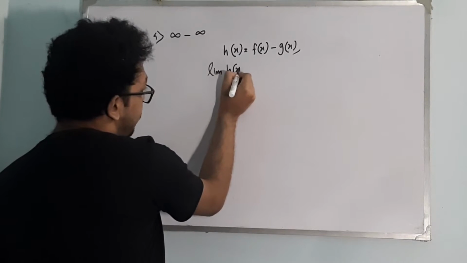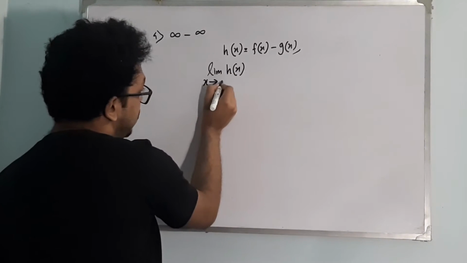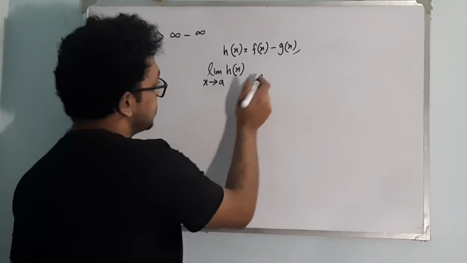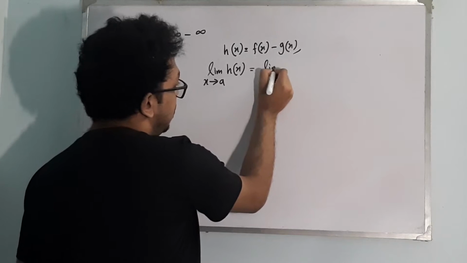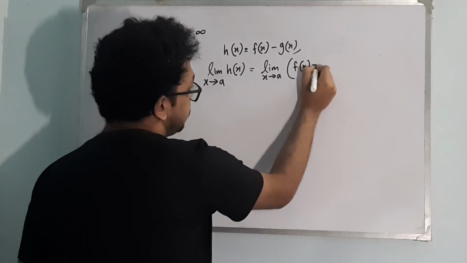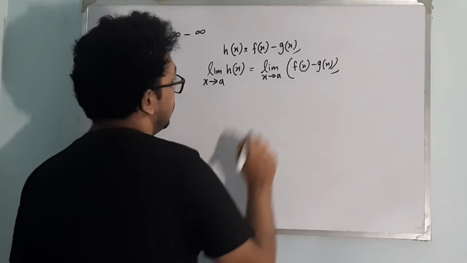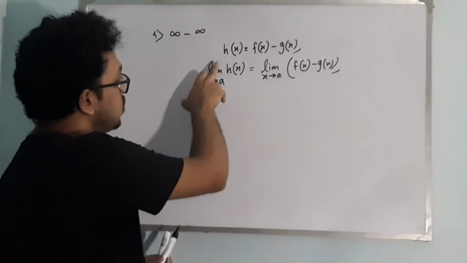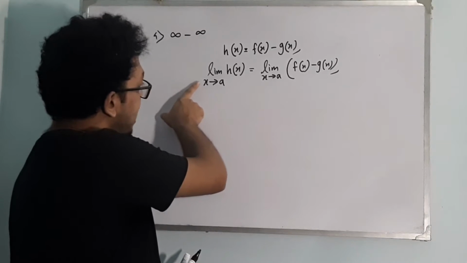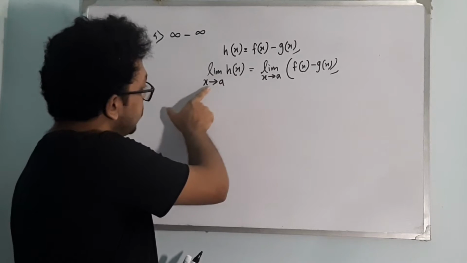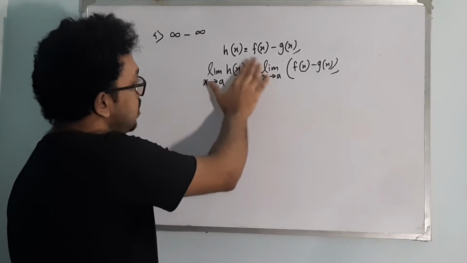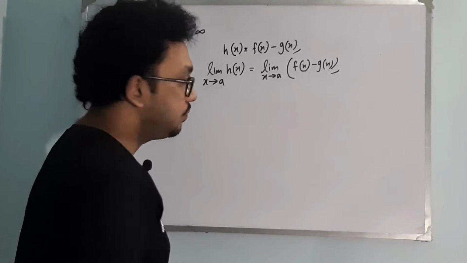So the limit of h(x) as x tends to a is the same as the limit as x tends to a of f(x) minus g(x), because h(x) is f(x) minus g(x).